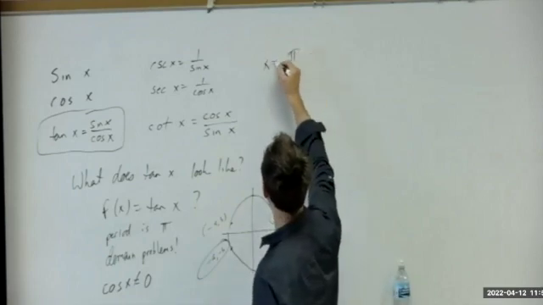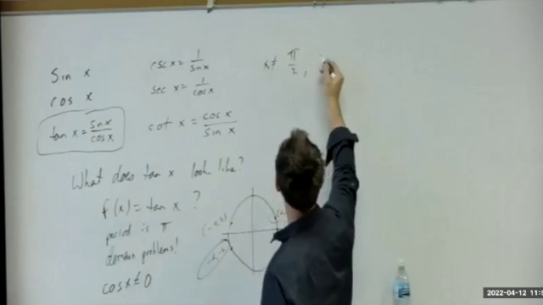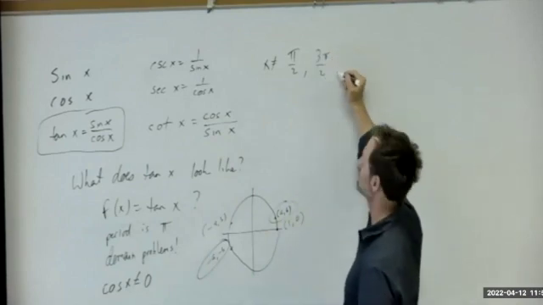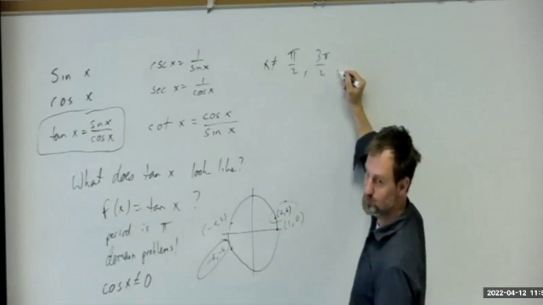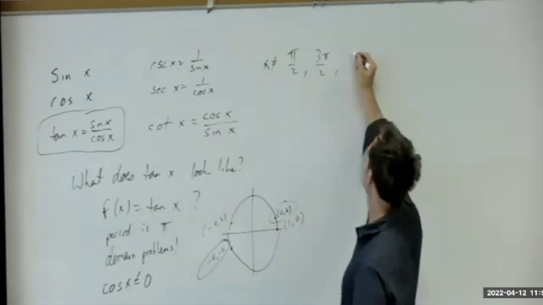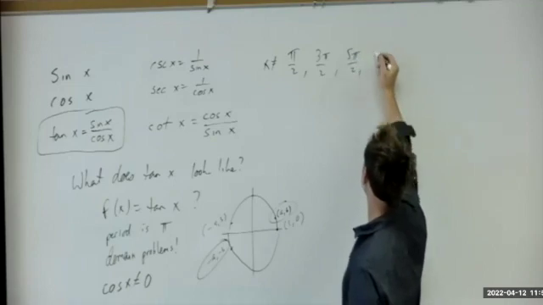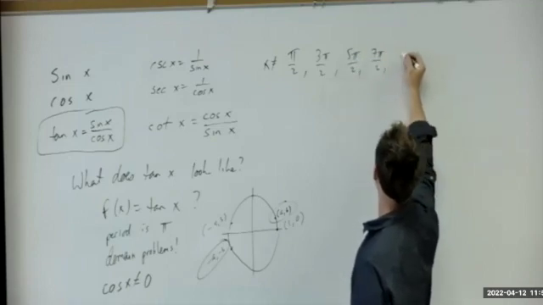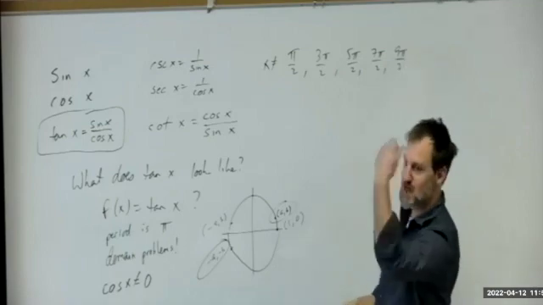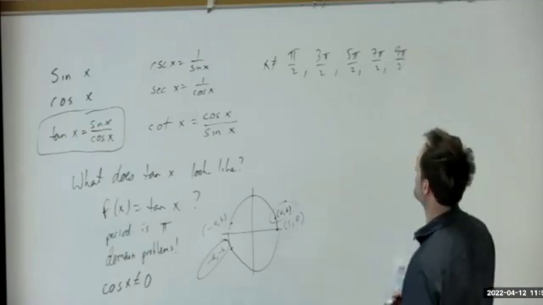So x cannot be equal to pi halves, 3 pi halves, I'm assuming 5 pi halves and 7 pi halves. So every odd pi halves. Get a pattern. Right, because we're adding pi, it's periodic on pi, so we just add pi every time we get a new thing.